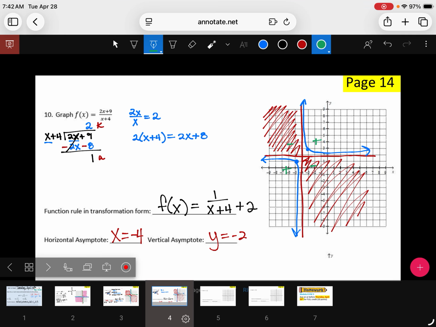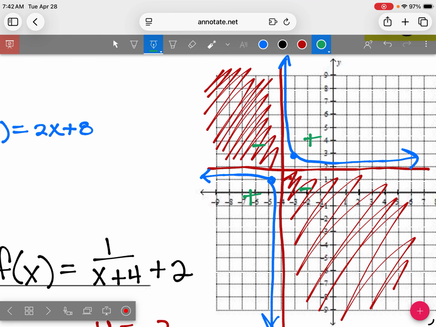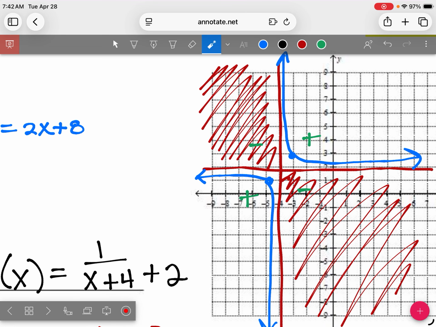Two more. So let me zoom in. Couple of things. Don't forget to switch your H to the opposite side. So this was -4 for my vertical, and my horizontal was +2.